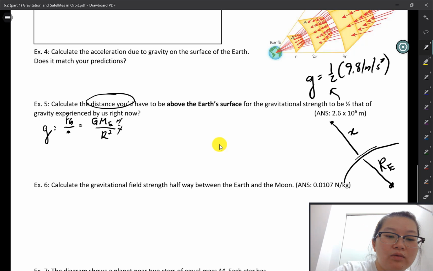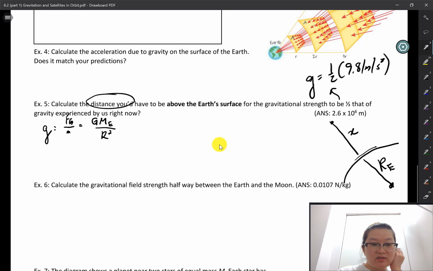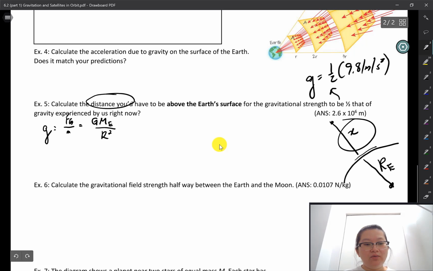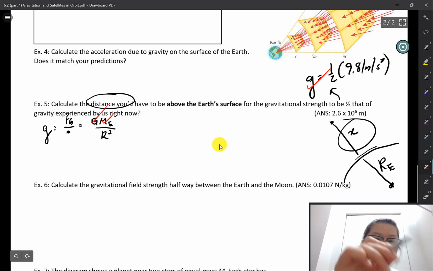Okay, so we have an equation here in which we need to solve for this little x. So how do we set this up? First of all, we know the value of the gravitational field strength. We need it 1/2 of 9.81. We also know the mass of the Earth, the universal gravitational constant, and the radius of the Earth, but we have to be careful with this R value down here.